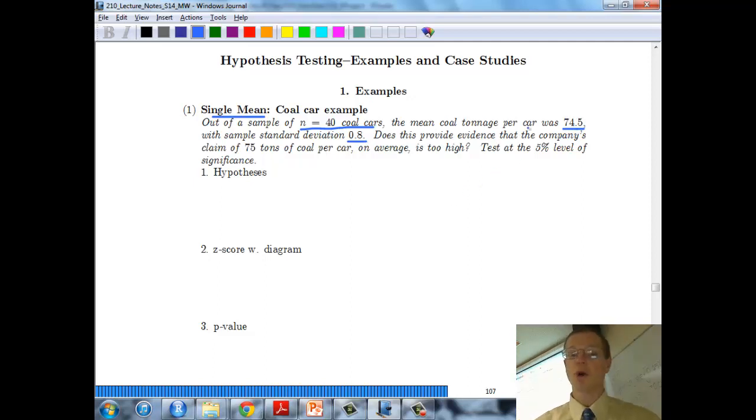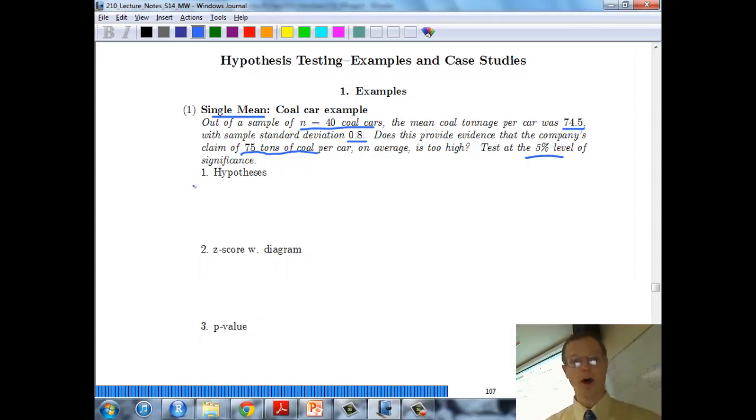That's a half a ton. Does this provide evidence that the company's claim of 75 tons of coal per car on average is dispensed into your coal car? Does it provide evidence that is too high? Test at 5%. So you can look up your confidence interval and compare it with this.